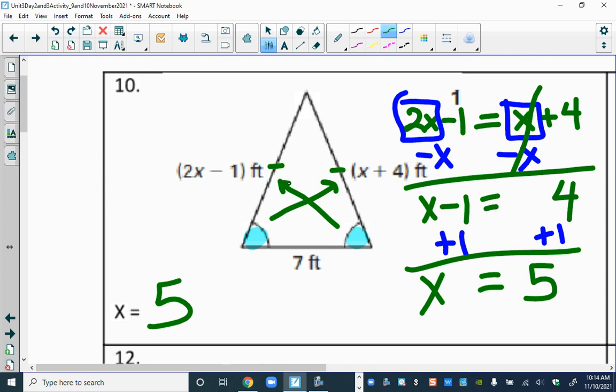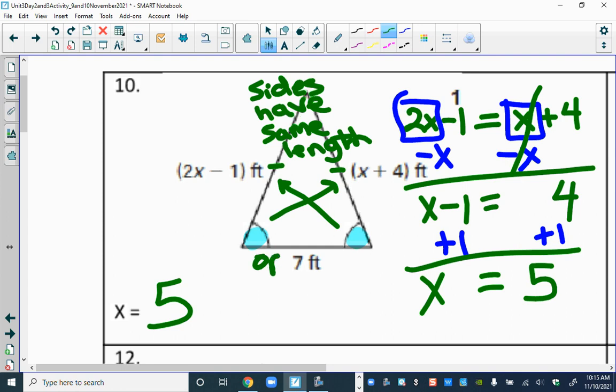So, sides have the same length. And that's because opposite angles were congruent.